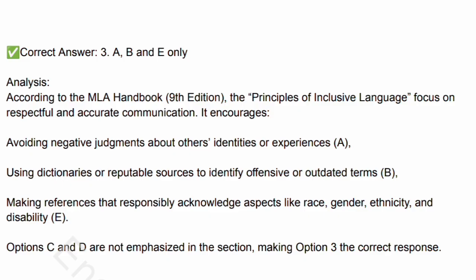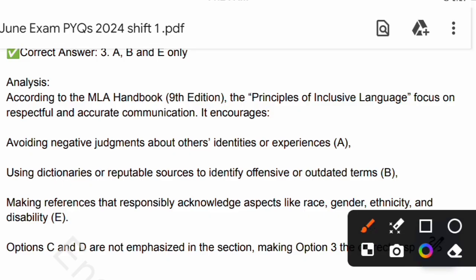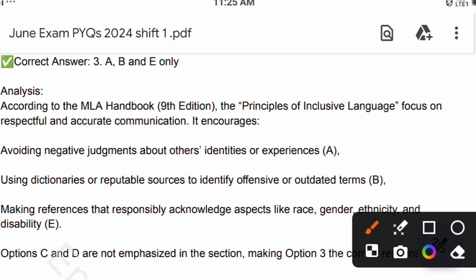According to the MLA Handbook 9th edition, the principles of inclusive language focus on respectful and accurate communication. It encourages avoiding negative judgments about other identities or experiences, using dictionaries or reputable sources to identify offensive or outdated terms, and it also encourages making references that responsibly acknowledge aspects like race, gender, ethnicity, and disability.